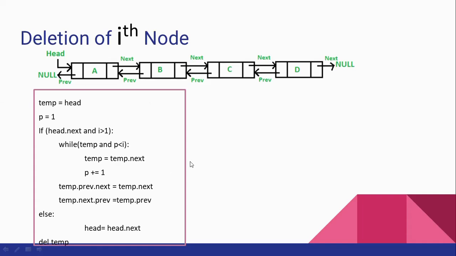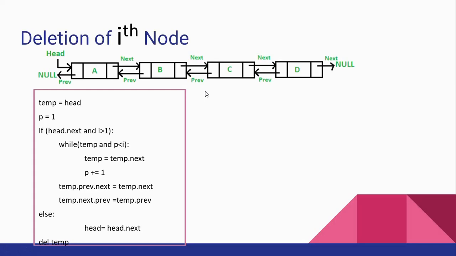For example, if I want to delete node C, then its previous node is B. The previous node's next pointer should point to the next of the node to be deleted. So B's next pointer should point to D.